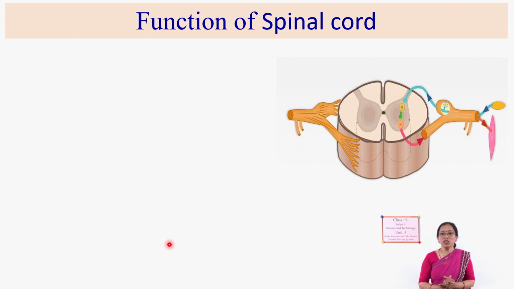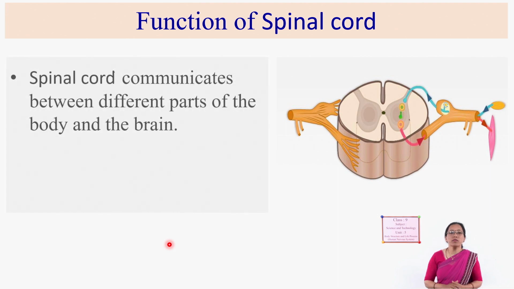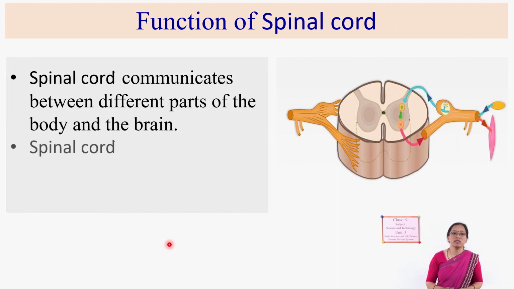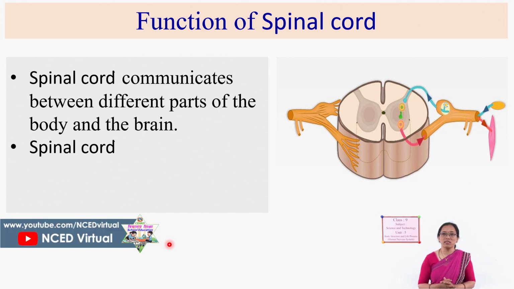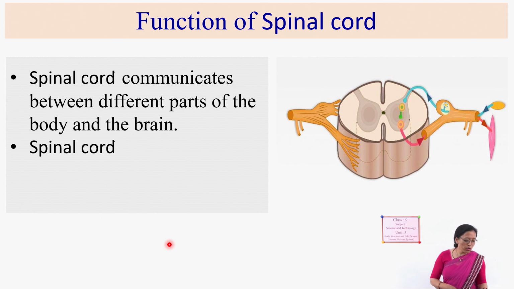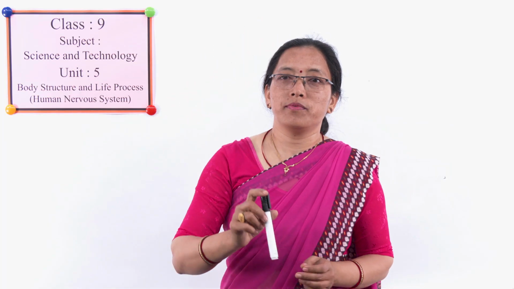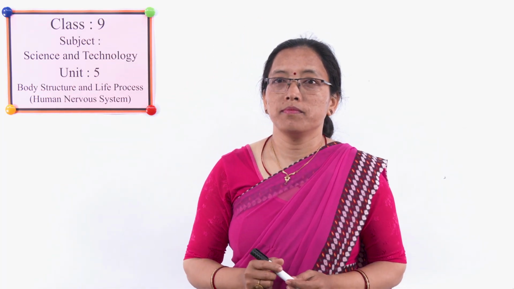So it communicates the organs with the brain, and it also performs other functions, like acting as a center for reflex action. What is reflex action? Suppose I throw this pen towards you, what will you do?